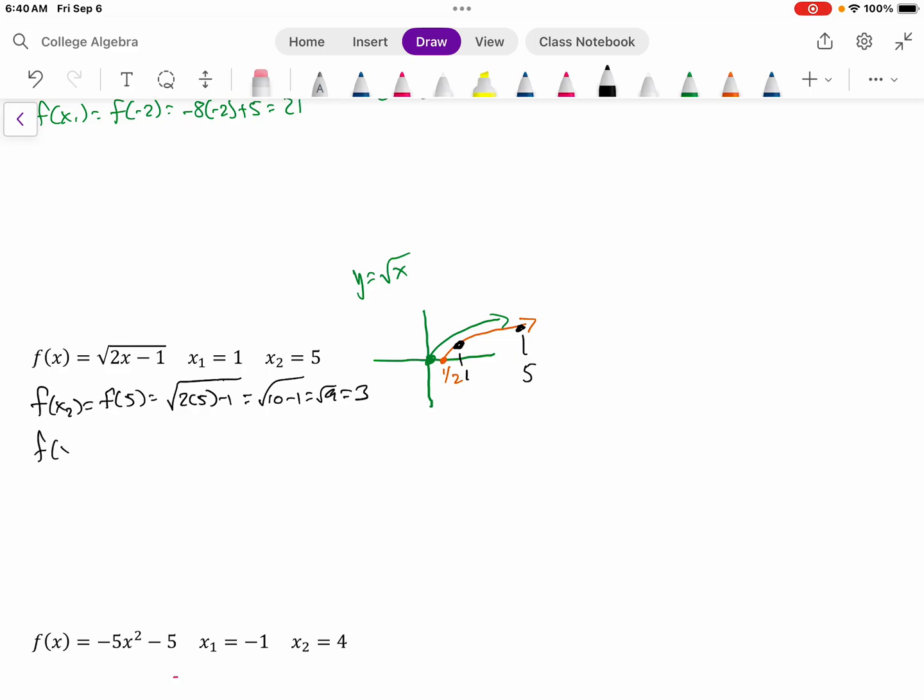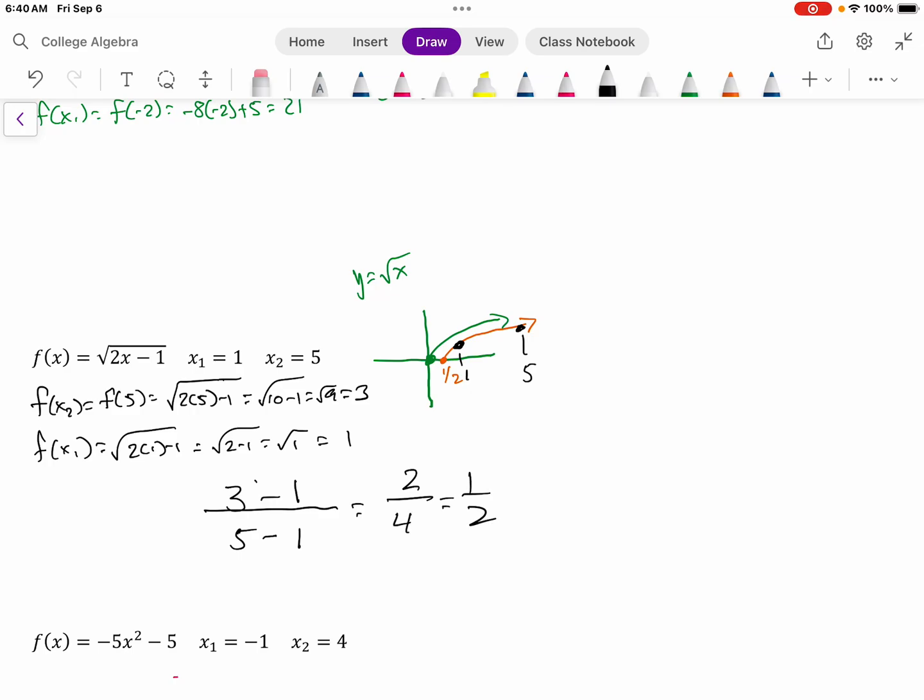And then f of x sub 1 would be the square root of 2 times 1 minus 1, square root of 2 minus 1, which is the square root of 1, which is 1. So as I set up my average rate of change formula, it'd be 3 minus 1 over 5 minus 1, which gives me 2 over 4, which is equal to 1/2. So the average rate of change between those two x values is about a half, 1 unit over 2.